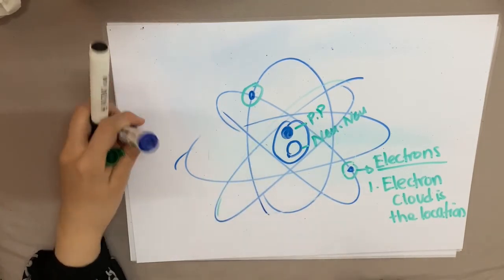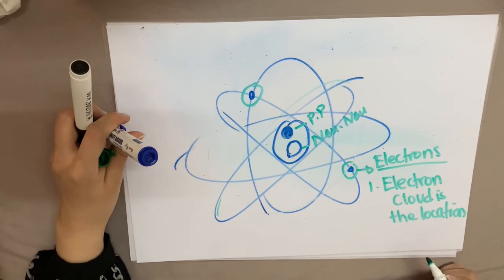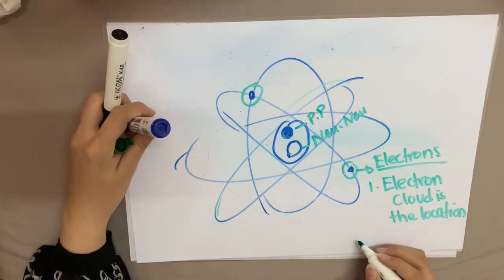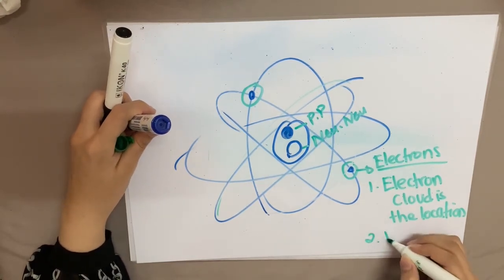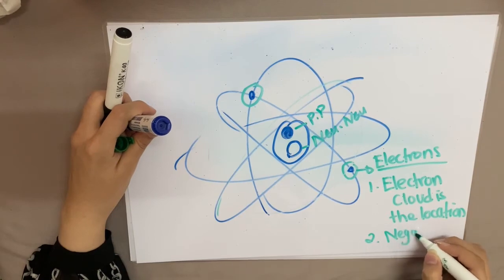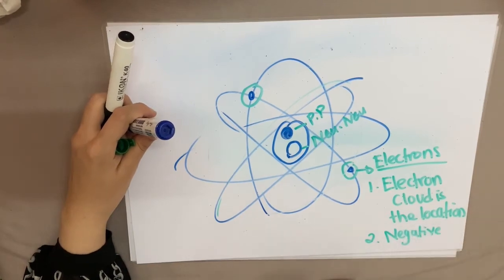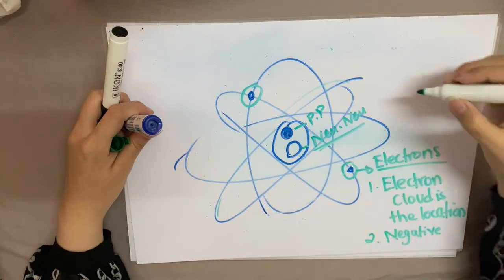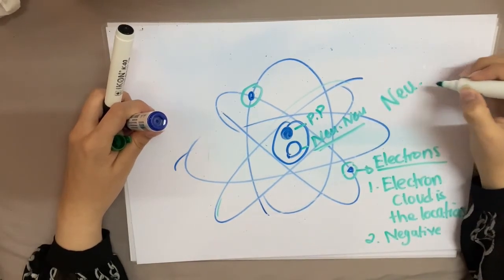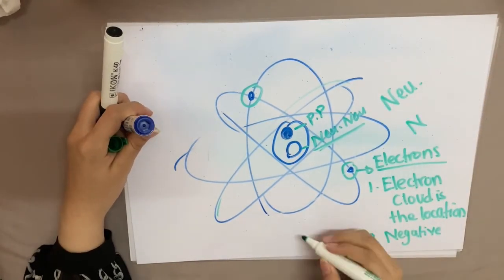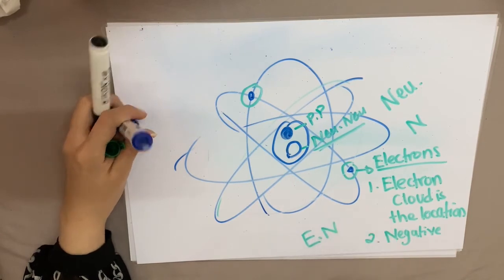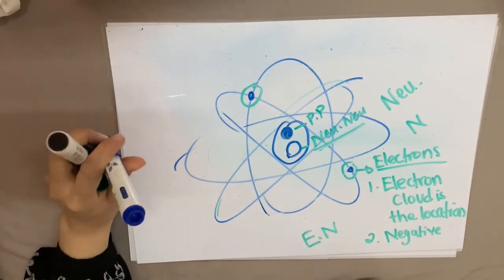So all this is the electron cloud. What is the charge of electrons? Charge negative. This is why I told you neutrons neutral. We linked it as an U, not N. Electrons negative. I hope it's clear.